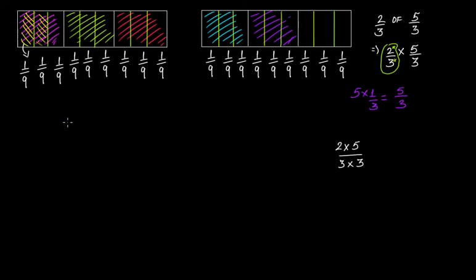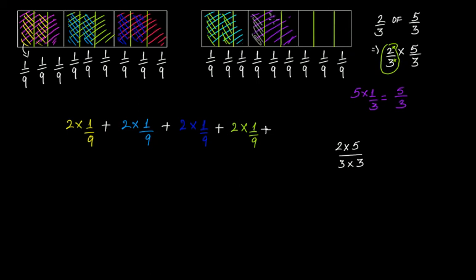So 2 times 1 by 9, plus 1 by 9 from here and another 1 by 9 from here, 2 times 1 by 9, plus 1 by 9 from here and 1 by 9 from here, 2 times 1 by 9, plus 1 by 9 from here and another 1 by 9 from here, 2 times 1 by 9, plus 1 by 9 from here and 1 by 9 from here, 2 times 1 by 9.